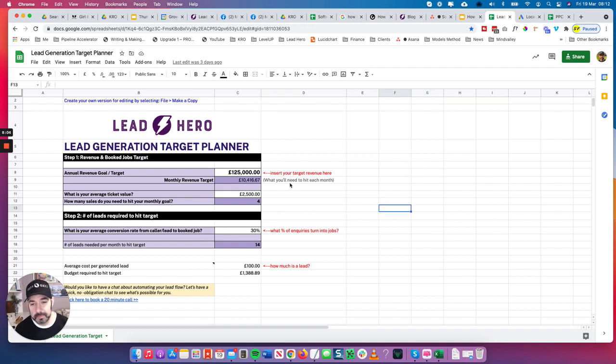So, for example, if you're a business that wants to increase your revenue by, say, you want to add 100,000 pounds a year revenue gross to your business, well, that means you need to target 8,000. Your monthly revenue target is 8,300 pounds.